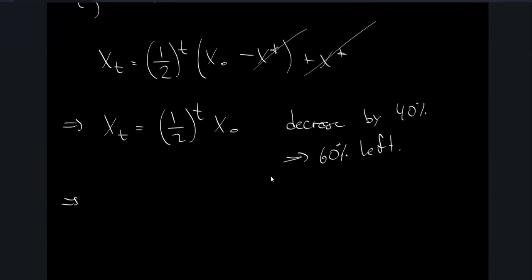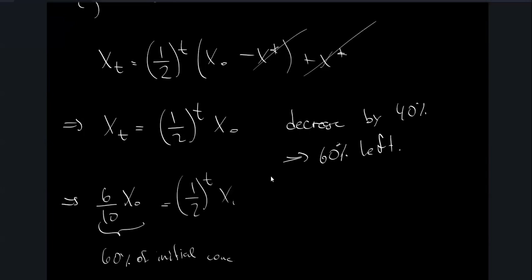This is what we're going to put into our equation. What's x of t? Well, x of t is going to be 60%, so 6/10 of x naught. What this means is 60% of the initial concentration. And we set that equal to 1/2 to the t times x naught. Why do we do this?